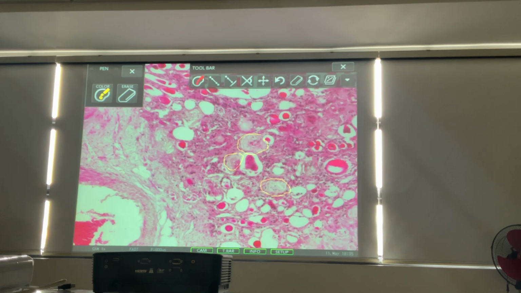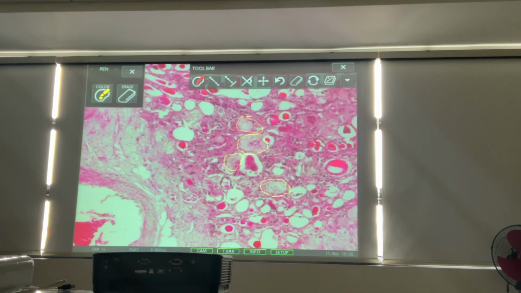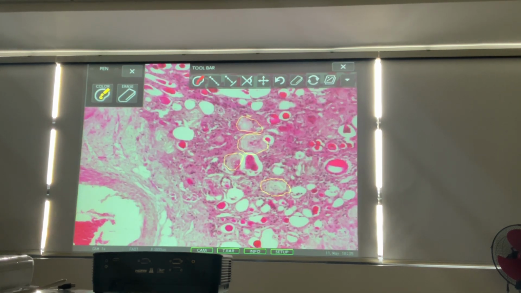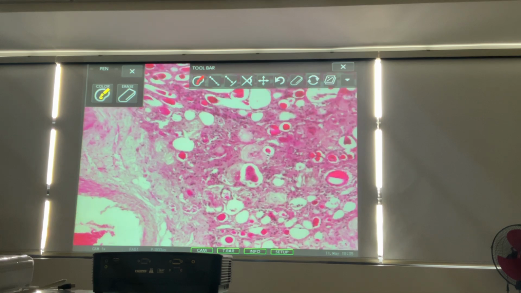So notice here that your glomerular structures, the glomeruli, are hyalinized. So all the four compartments of the kidney at this point are already damaged.